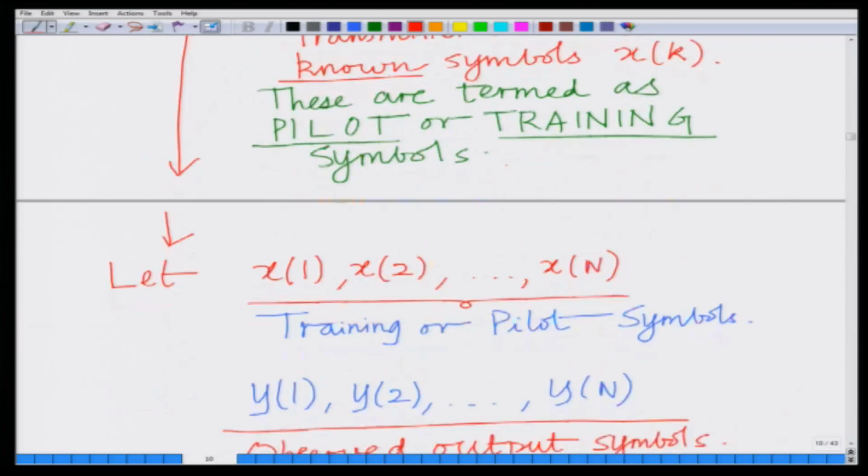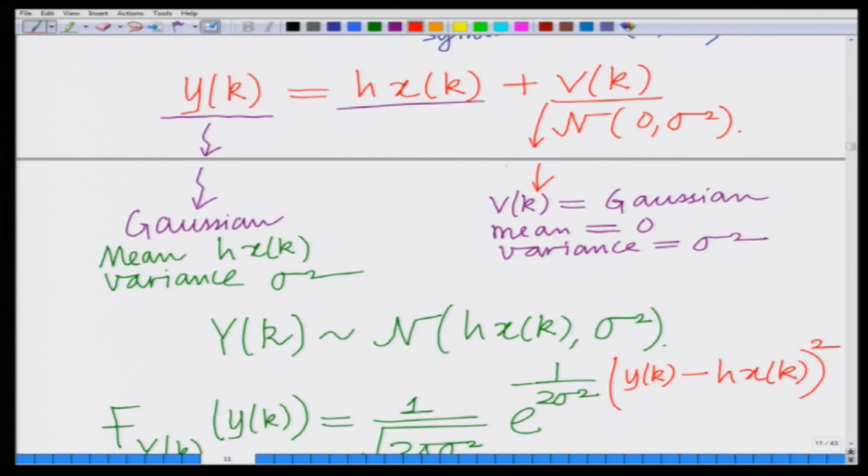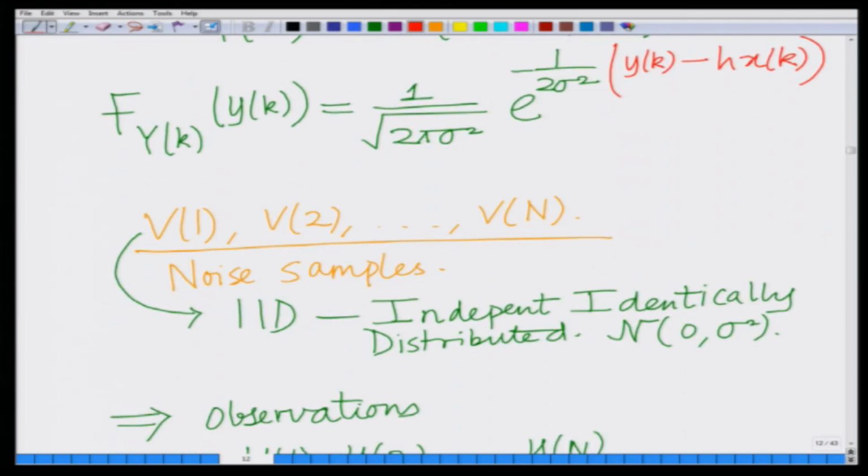We have described that when the noise vk is Gaussian with mean 0 and variance sigma squared, the output yk is Gaussian with mean h times xk and variance sigma squared, and therefore, we have developed the expression for the probability density function of the observation yk.